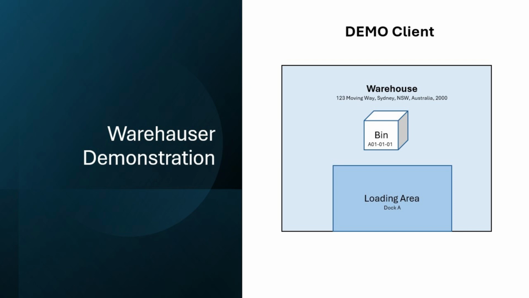We have a warehouse building at 123 Moving Way, Sydney, New South Wales, Australia 2000. And in that warehouse building, we have a loading area called Dock A and a single bin with the address of A01-01-01.